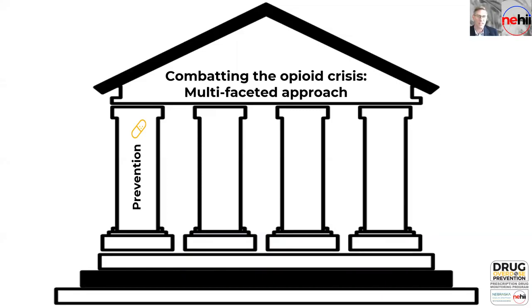One piece is prevention. This includes drug take-back programs. Those drug take-back programs are coordinated by the DEA through local law enforcement in many cases, and they often use pharmacies to help with this, where patients can take their unused, unwanted, unneeded drugs to pharmacies, and usually there's a local law enforcement officer there who will be able to take those, box them up, and properly destroy them.